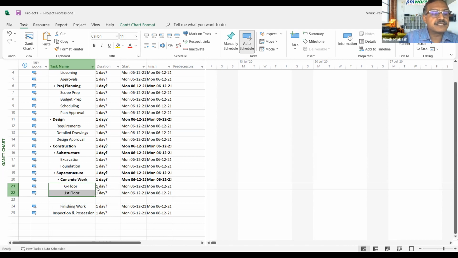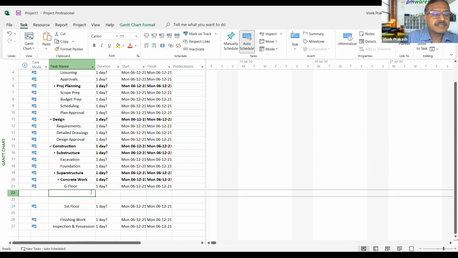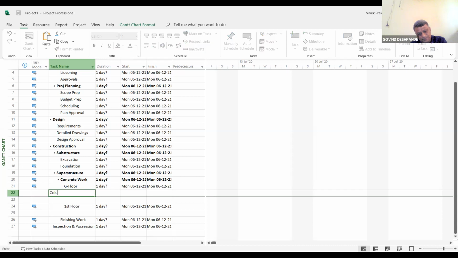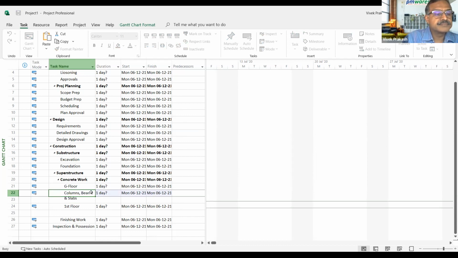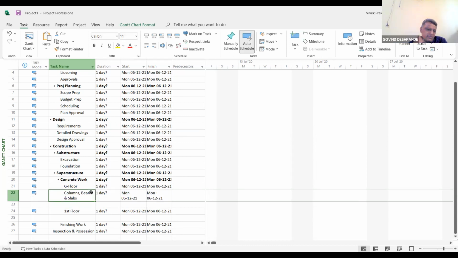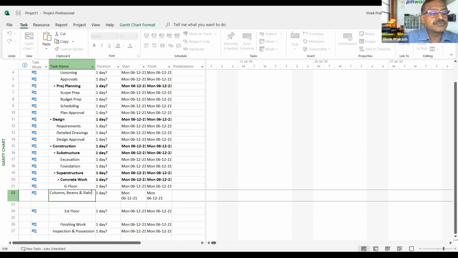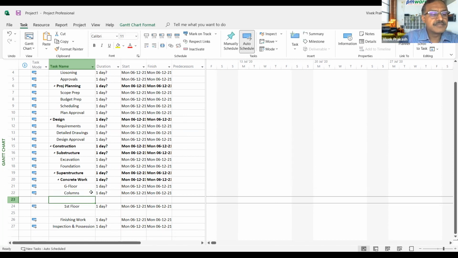And under ground floor, we can say concrete work, so columns and slabs. They all go together, right? No. First column, then slab and beam. So let's do two instead of one.